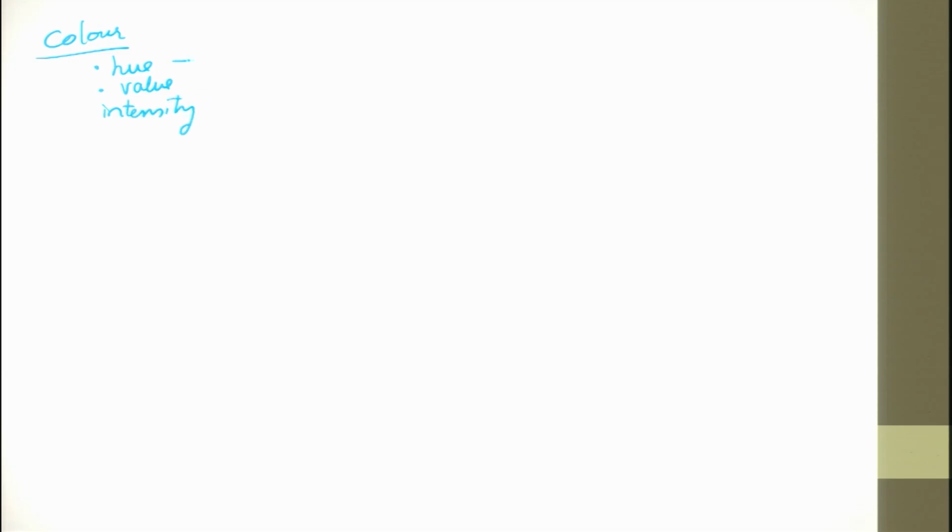In hue, we talk about the primary colors, and in the value we say whether it is light or dark, and in the intensity we talk about brightness or dullness. This is what we talk about in color. So, we choose colors and then we try to do that.